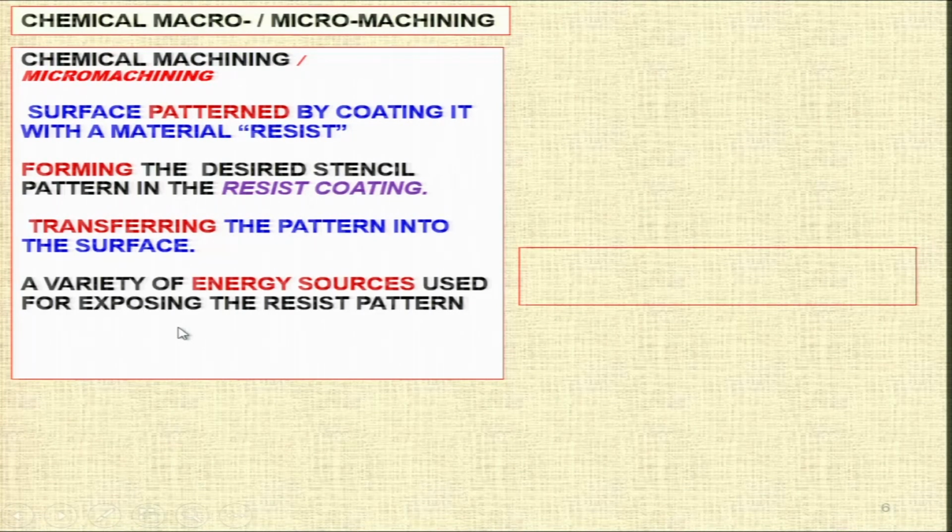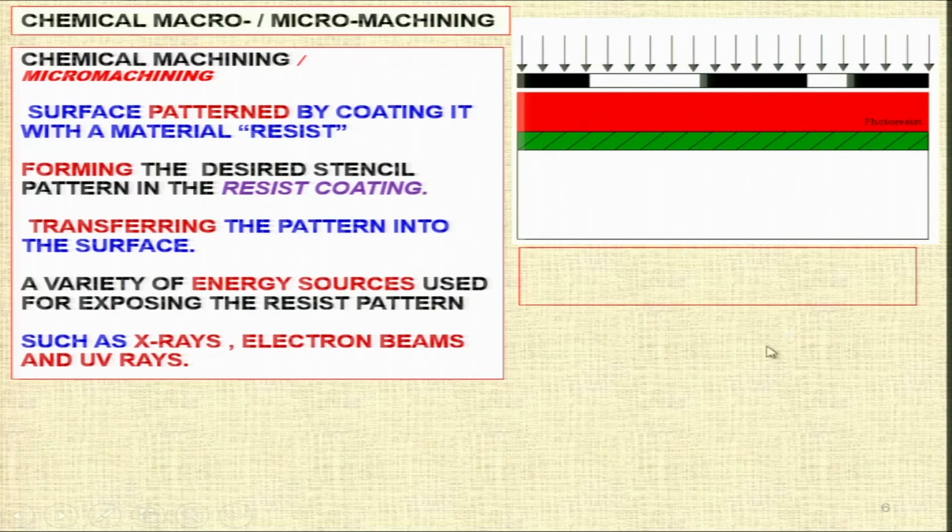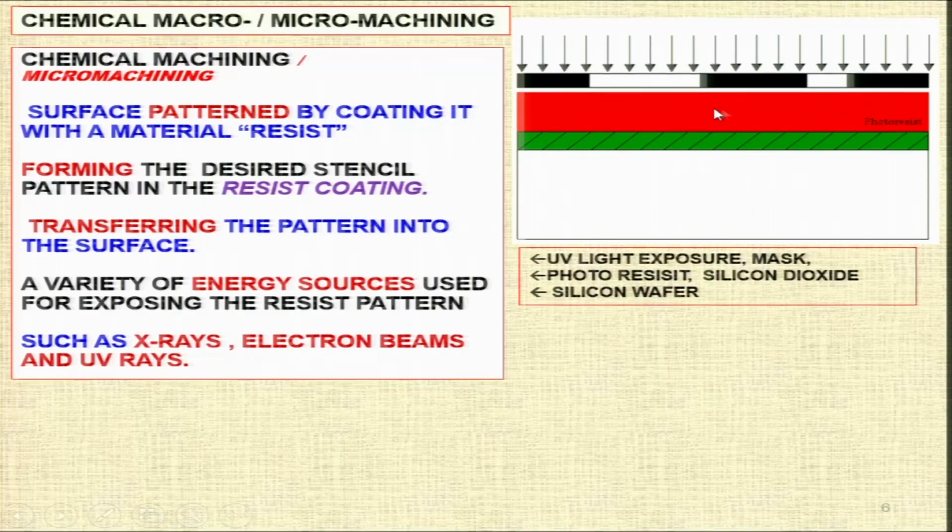A variety of energy sources are used for exposing the resist pattern, such as X-rays, electron beams, ultraviolet rays, etc. You can see over here, this is the ultraviolet light. This is the mask. This is the open space.